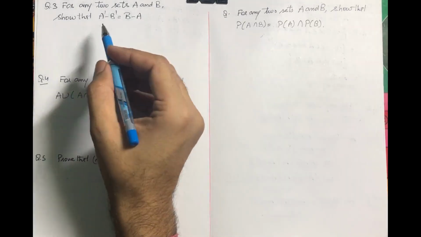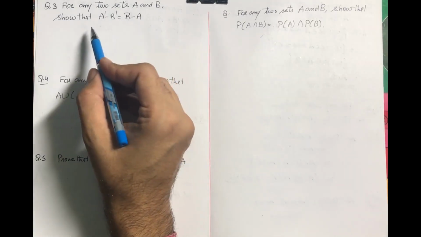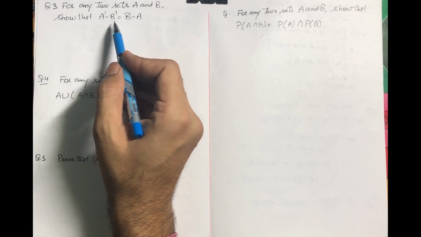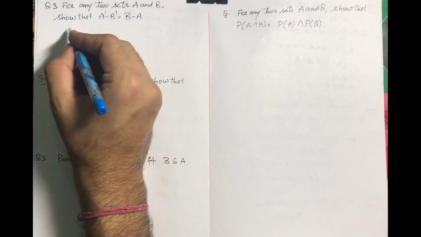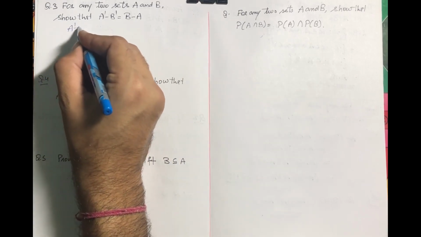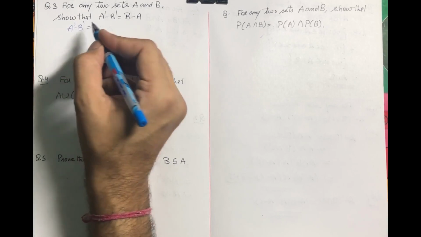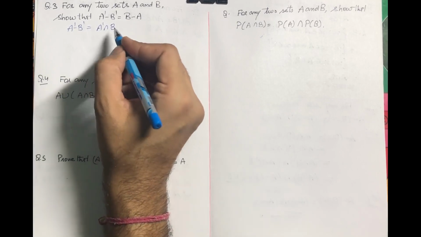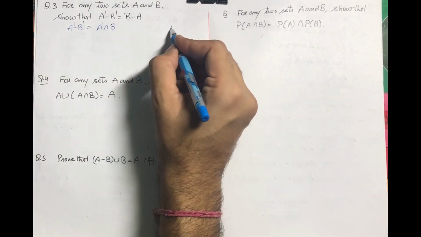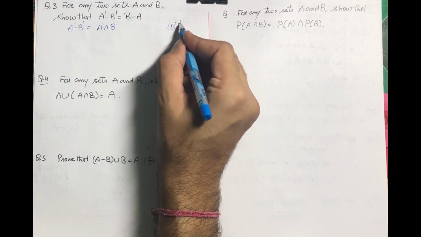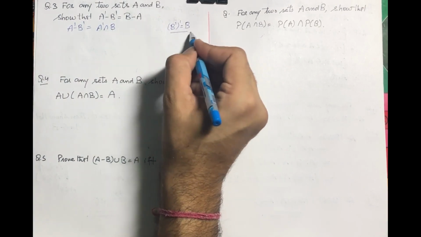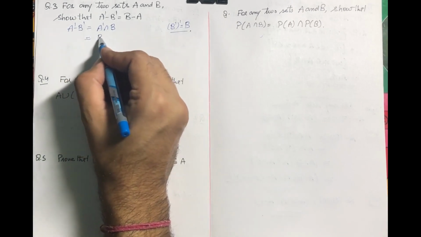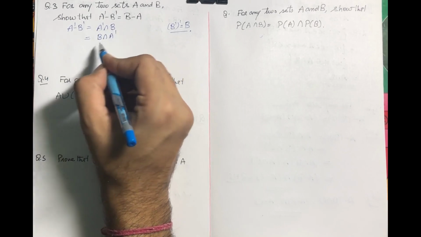Next numerical, for any two sets A and B, show that A complement minus B complement is equal to B minus A. Now we start with the left hand side, A dash minus B dash, which we can easily write as A dash intersection B complement, because B dash complement is B. So this may be rewritten as B intersection A dash.